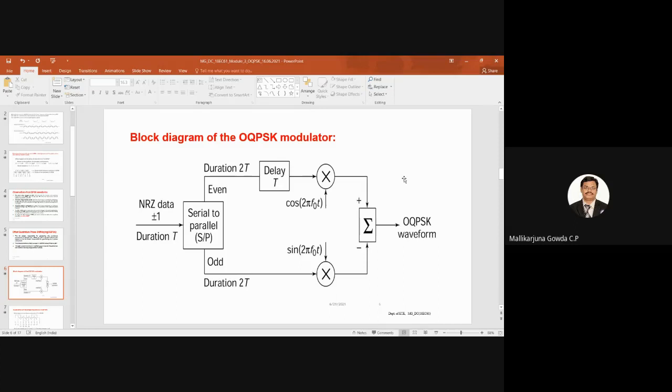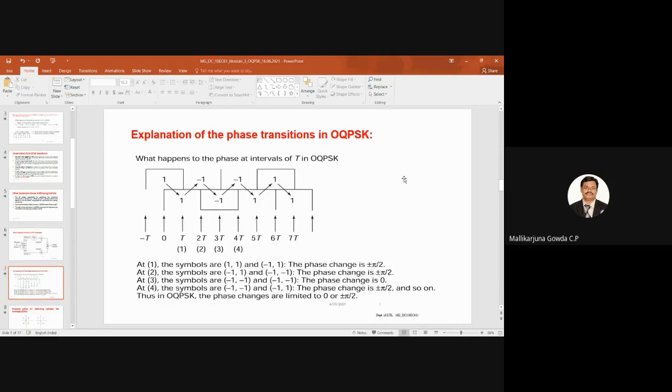Okay. So just to see how the phase transitions happen in OQPSK. Are you able to understand this? Of course, you have to think of -1 as 0.